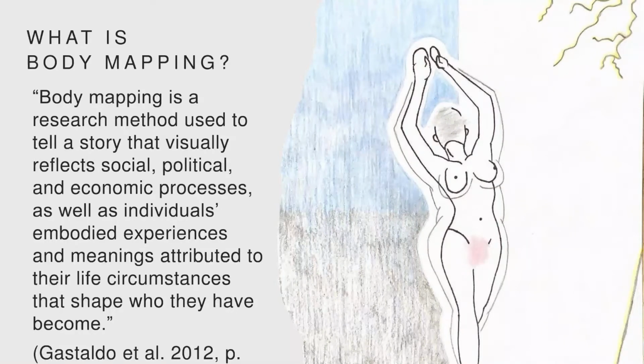Body mapping is a research method that has been used to tell a story that visually reflects social, political, and economic processes, as well as individuals' embodied experiences and meanings attributed to their life circumstances that shape who they have become. That is from a body mapping guide, Gastaldo and other authors from 2012, and I'll be sharing these resources at the end of the presentation as well.